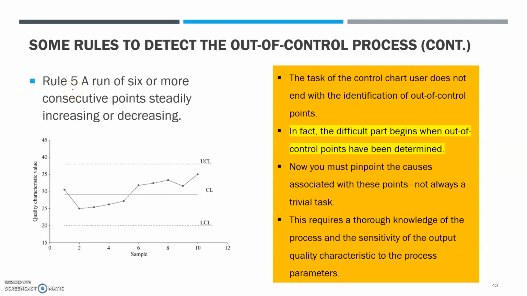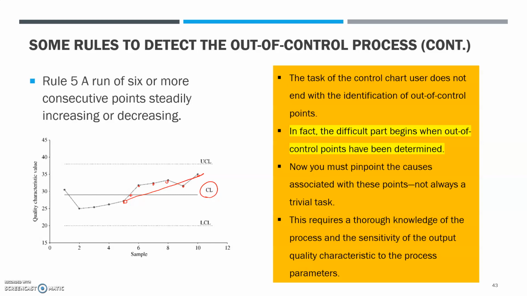Last rule, a run of 6 or more consecutive points steadily increasing or decreasing, right? You see 6 or more consecutive points steadily increasing, maybe 1, 3, 4, 5, 6, 7. So you see the consecutive increase here.